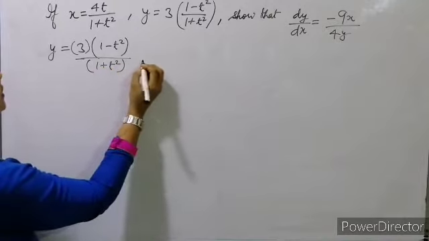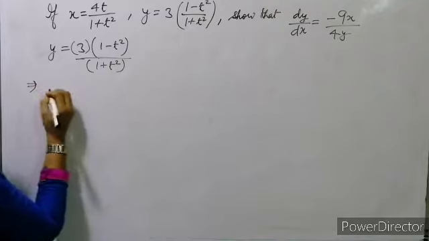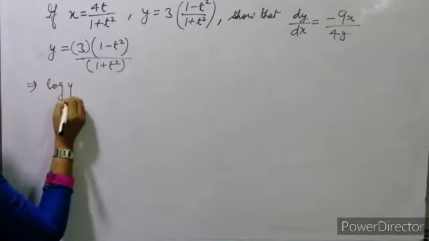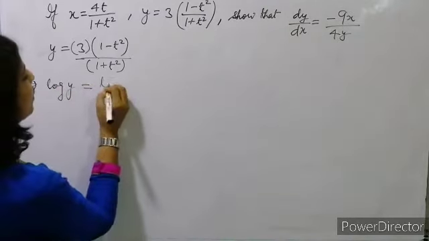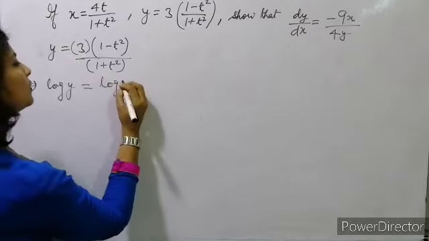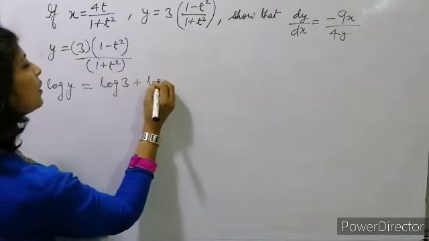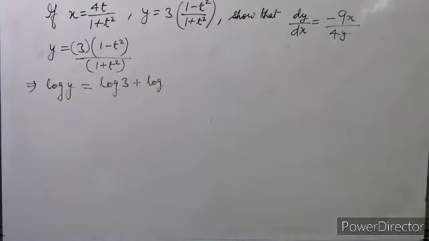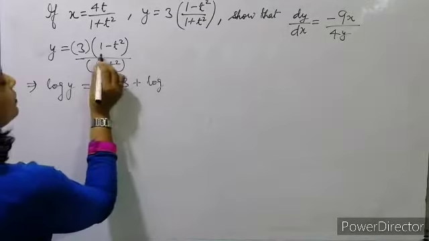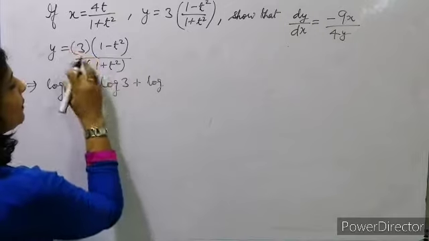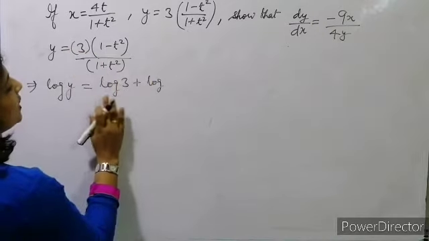By applying log on both sides, it will be log y, and this will be log of 3 plus log of a... log of mn is equal to log m plus log n, and log of m upon n will be equal to log of m minus log of n.